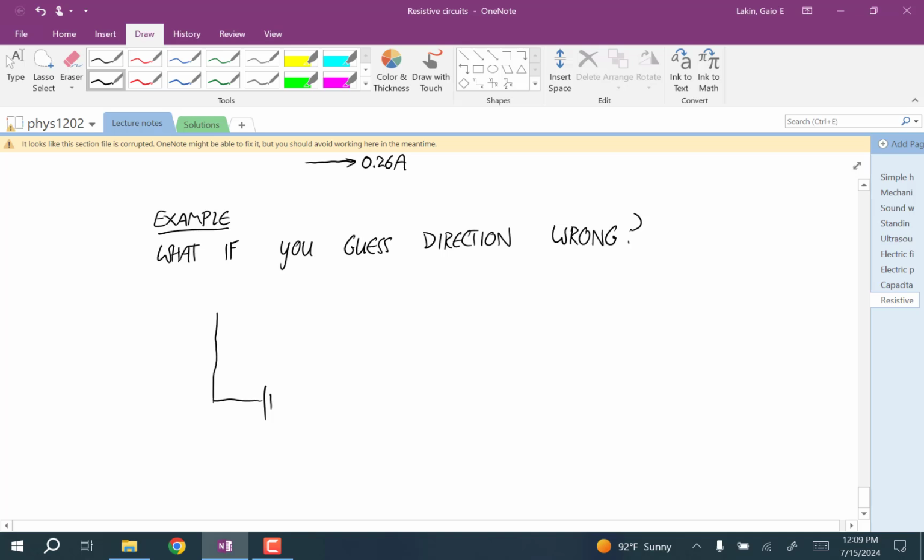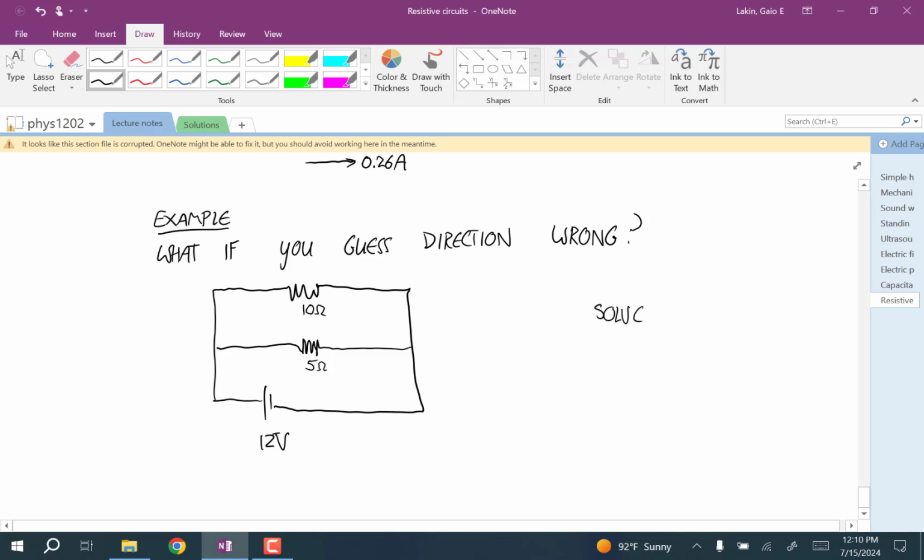Let's say that we have a circuit like this with a resistor there and a resistor there. Let's say that this is a 12 volt battery, and let's say that this is 5 ohms here and 10 ohms here. And we want to solve this circuit.